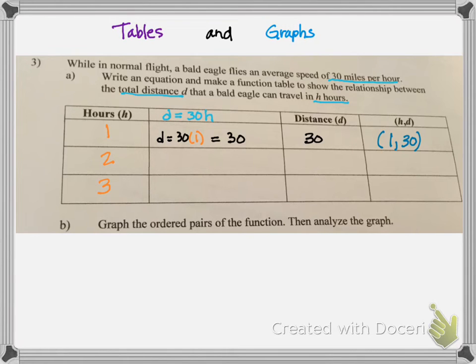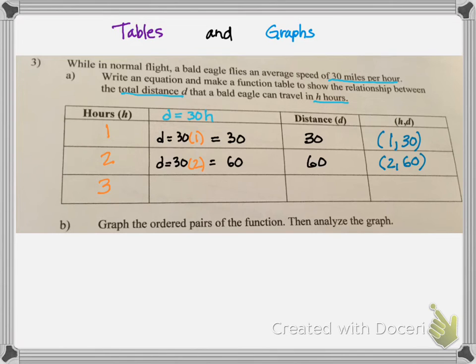Then we're going to continue, but this time we're going to substitute in 2 for H. And 30 times 2 equals 60. So our number 60 comes over here, into distance. And then we're going to write our input and our output as an ordered pair. So we get 2 and 60.